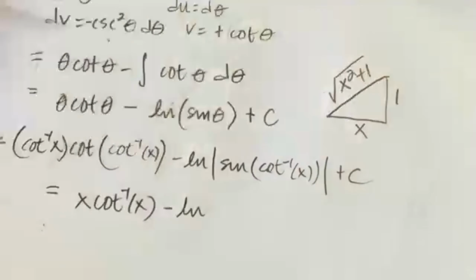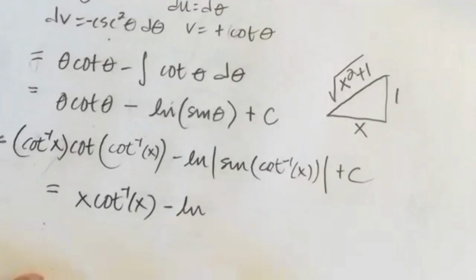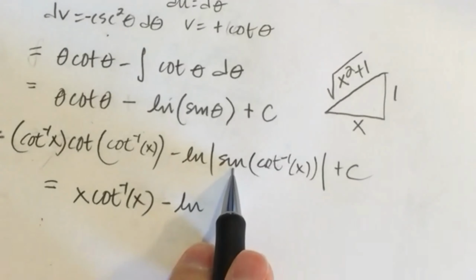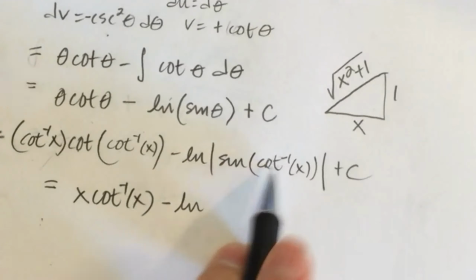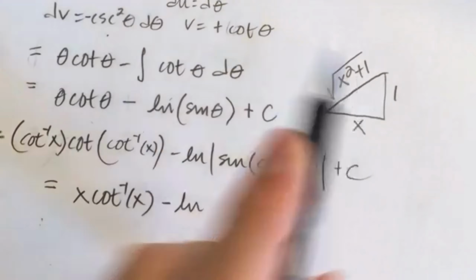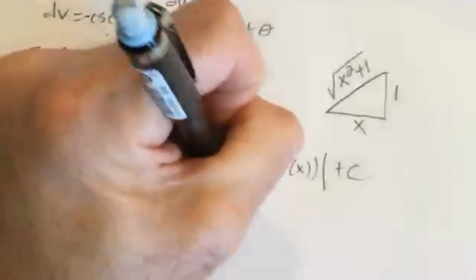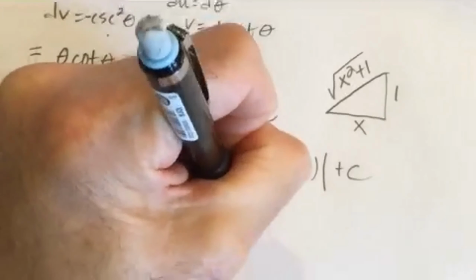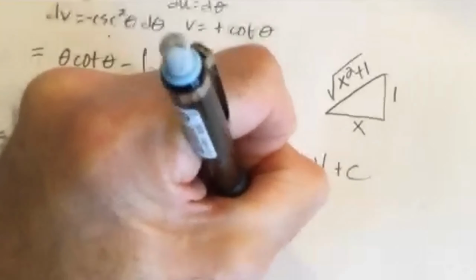And that makes this side the square root of x squared plus 1. So if I need the sine of this angle, then the sine is 1 over the square root of x squared plus 1. So I get log of 1 over the square root. I'm going to write it this way, 1 plus x squared plus C.